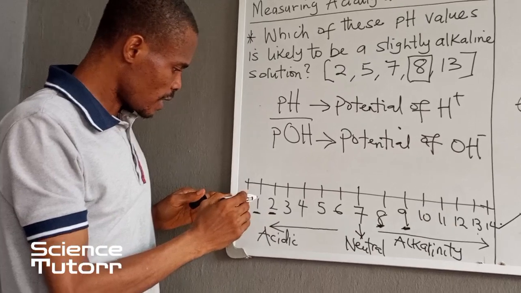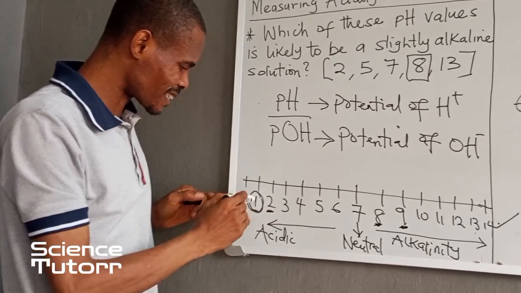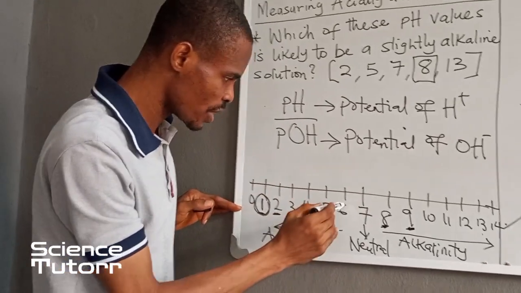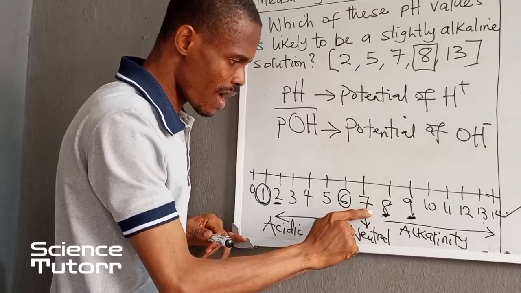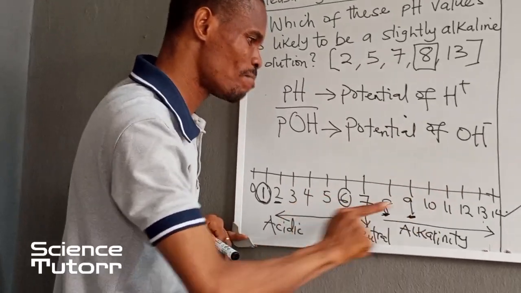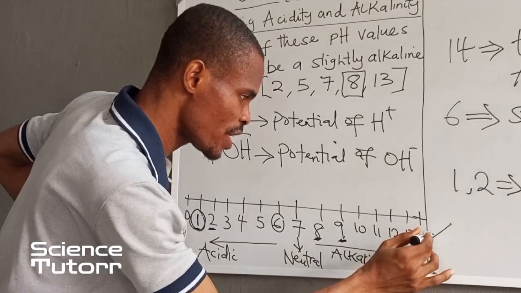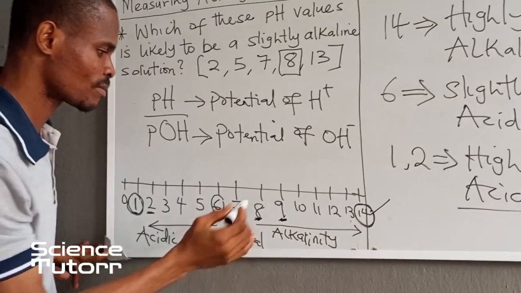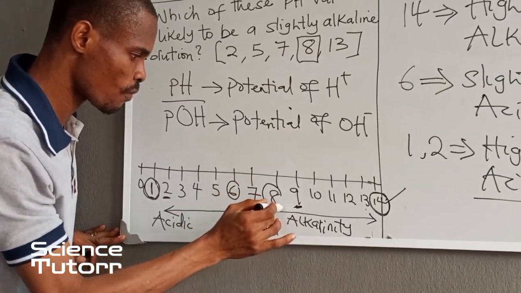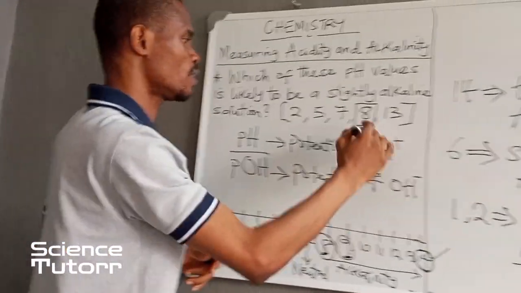That means a solution having a pH of 1 is more acidic than a solution having a pH of 6. On the other hand, the alkalinity increases as the pH also increases. That is to say, a pH value of 14 is more alkaline than a pH value of 8 and that of 9. So in summary, we go for option 8.